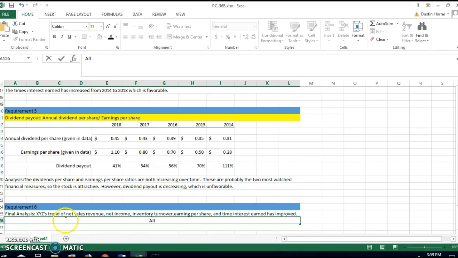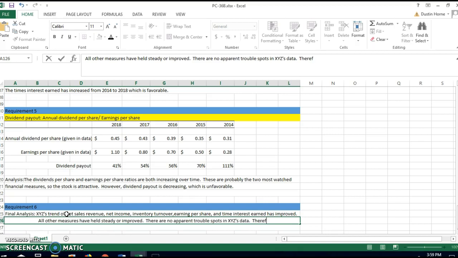All other measures have held steady or improved. There are no apparent trouble spots in XYZ's data.